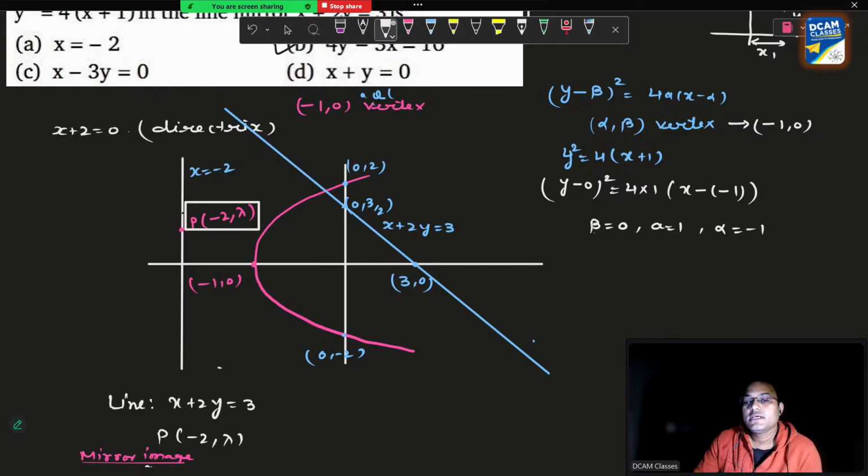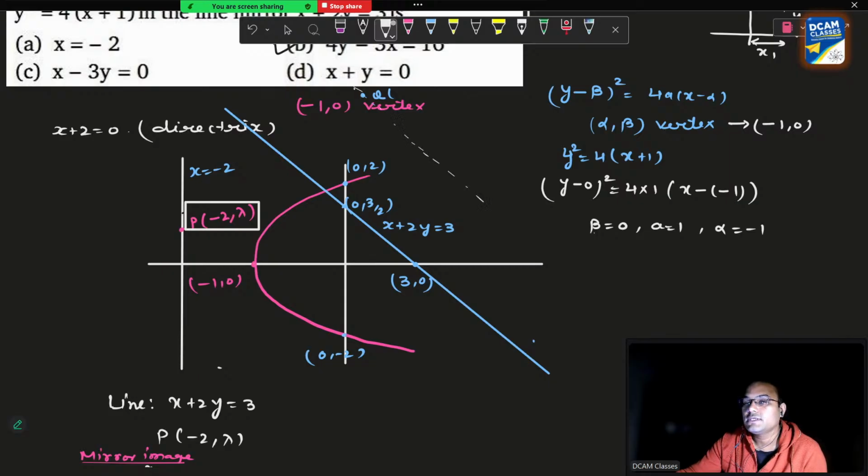See, my idea was, I will assume some point P on the directrix and take its mirror image. After I have taken its mirror image, that is Q, I will try to find the locus of Q. What is locus of Q?